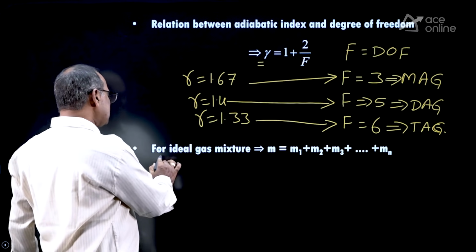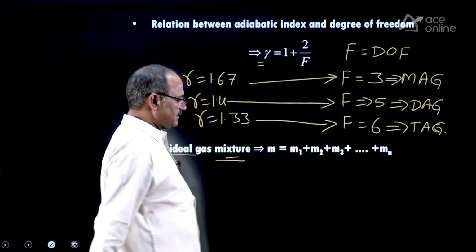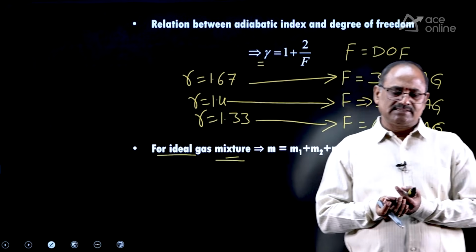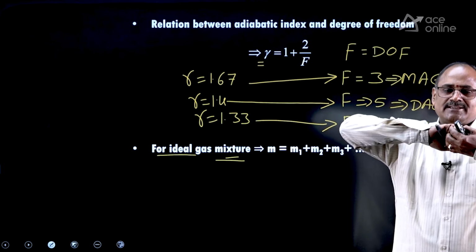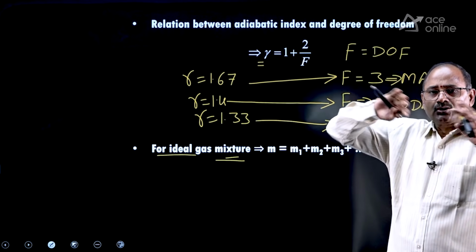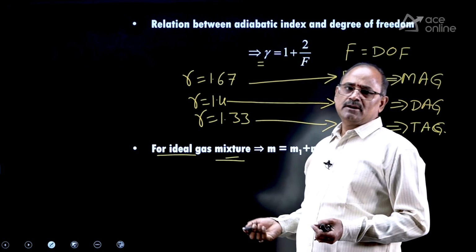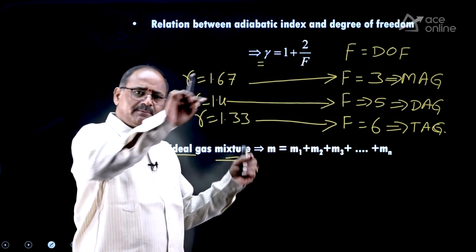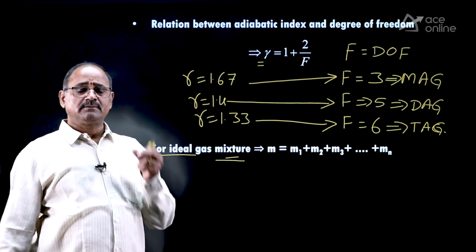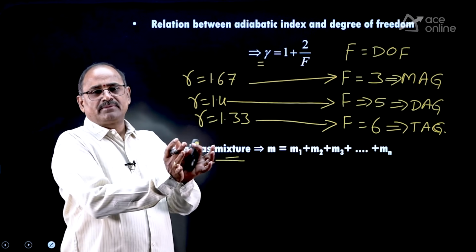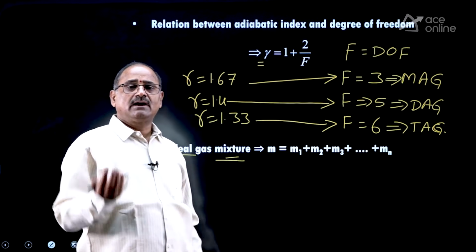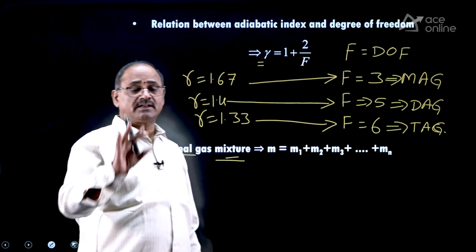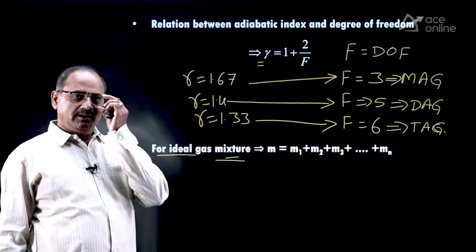Similarly, for an ideal gas mixture, remember the mixture of two or more ideal gases can be homogeneously mixed. Homogeneous mixing means throughout the system, pressure remains the same at all locations. Similarly, temperature is uniform because of the uniform mixing, like how milk and water can be homogeneously mixed, but kerosene cannot be mixed uniformly with water.